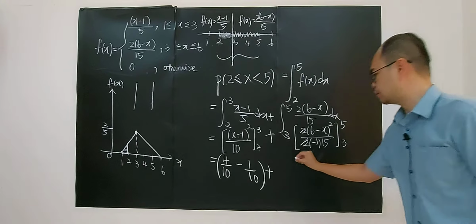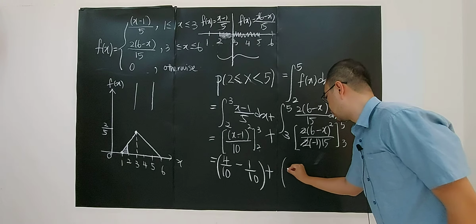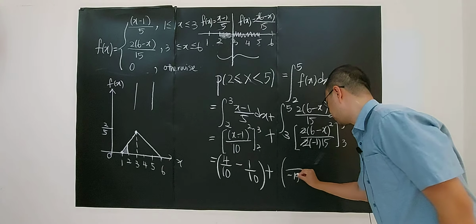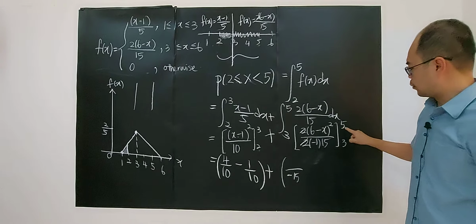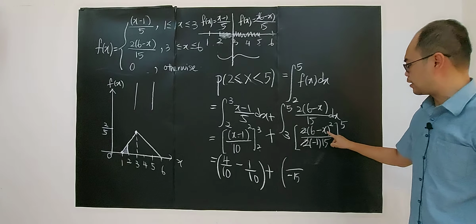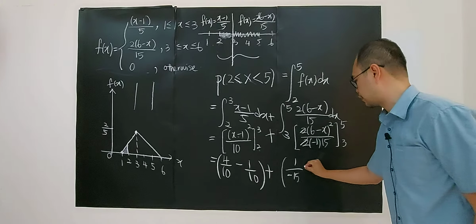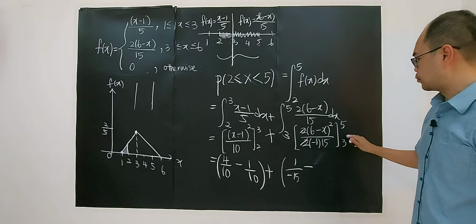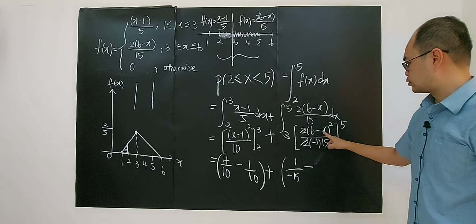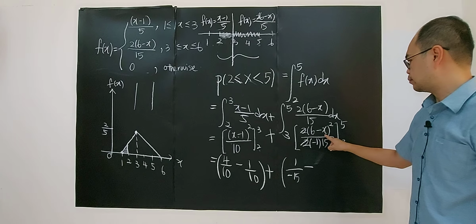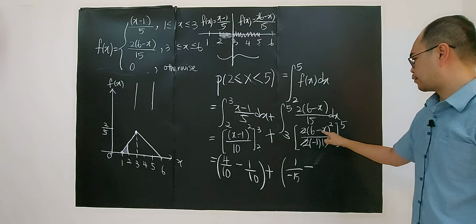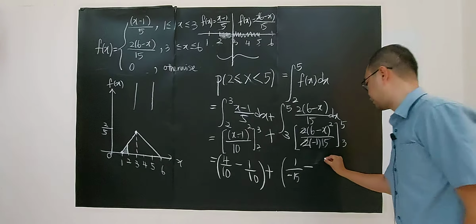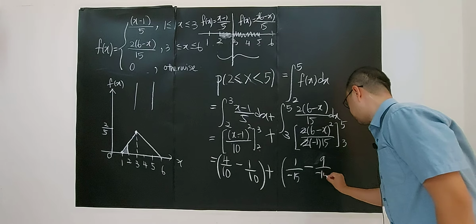Putting in 5, 6 minus 5 is 1, 1 squared is 1. Then you subtract, putting in 3, 6 minus 3 is 3, 3 squared is 9, 9 over negative 15.